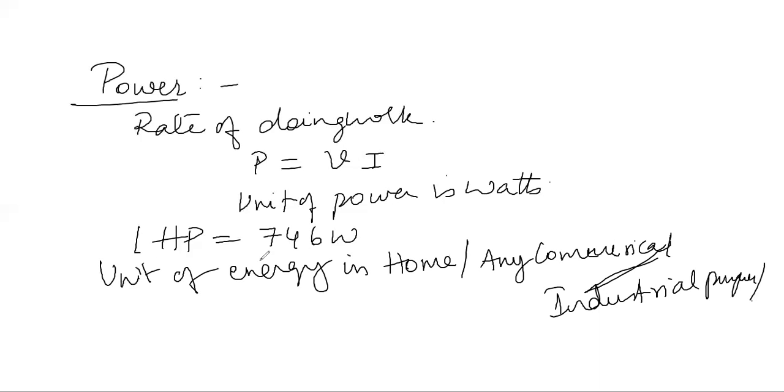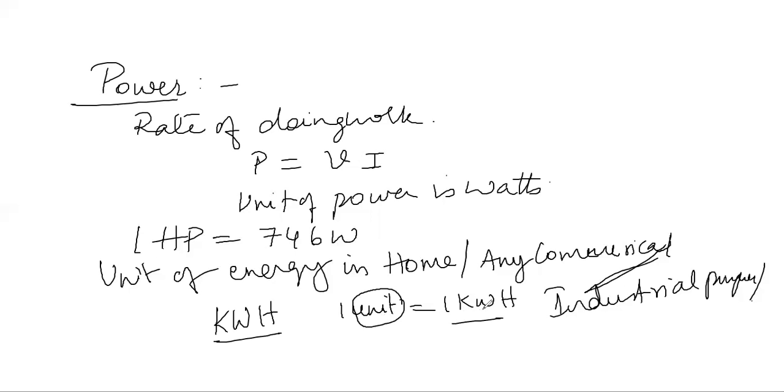We usually call it as kilowatt hour. In homes when our electricity bill comes, we usually tell that some units have been consumed. We have got 30 units or 20 units or 100 units like that. That one unit is nothing but it represents 1 kilowatt hour. The unit represents kilowatt hour in case of electrical engineering.